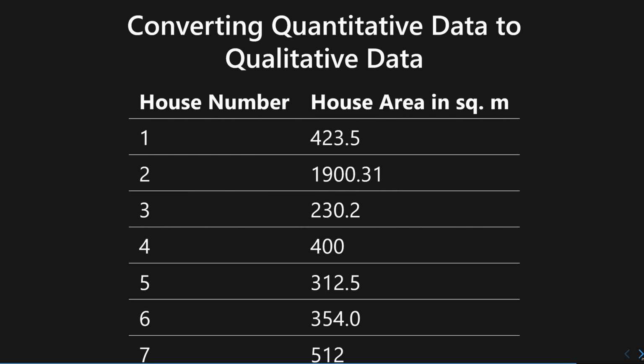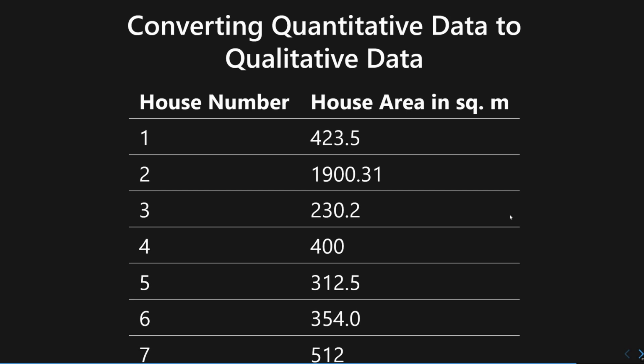In some cases as well, you also might need to convert quantitative data into qualitative data. So this is the reverse this time. So you have here a data set of different houses and the floor area of each house. Of course, if you look at this, this is continuous quantitative data. In some cases, you might want to convert this into categorical or qualitative data.